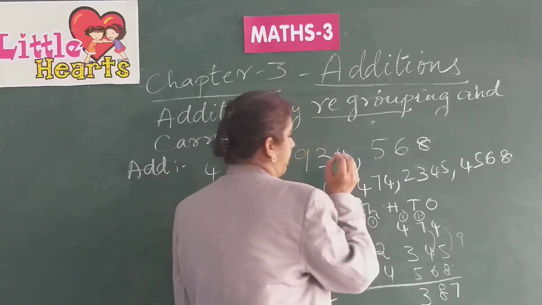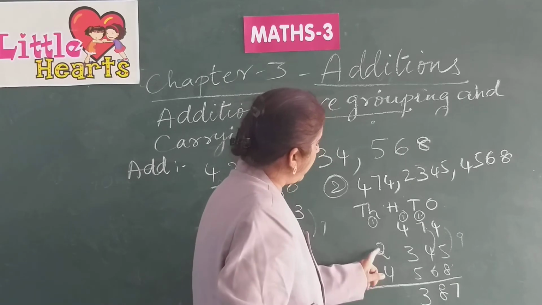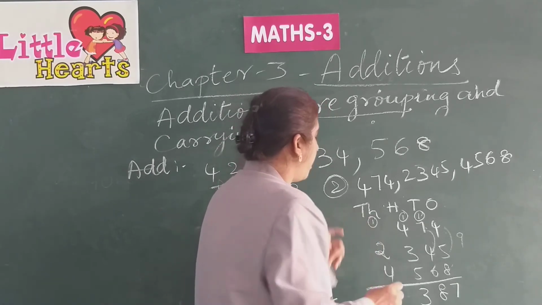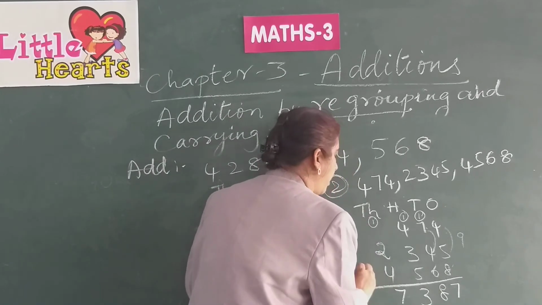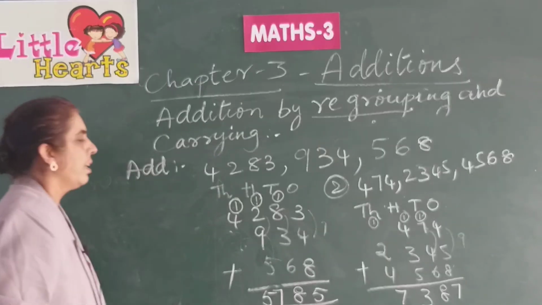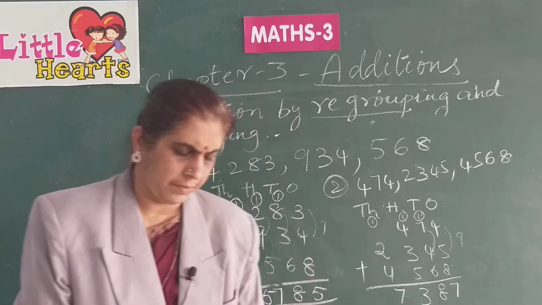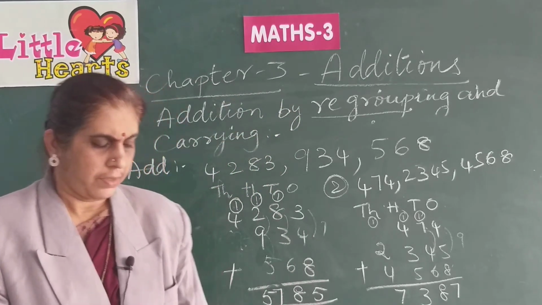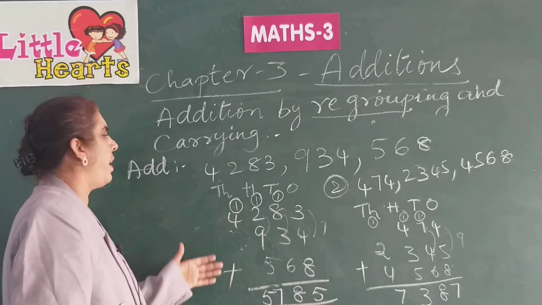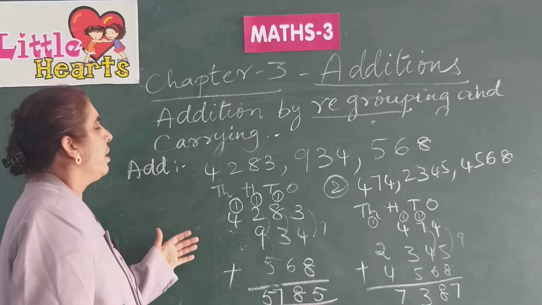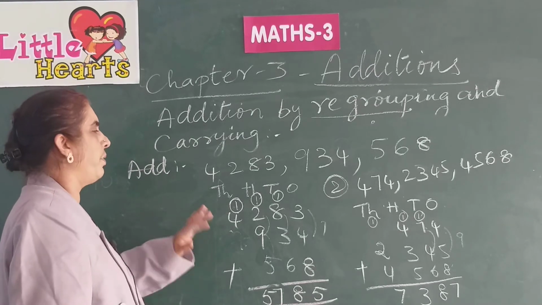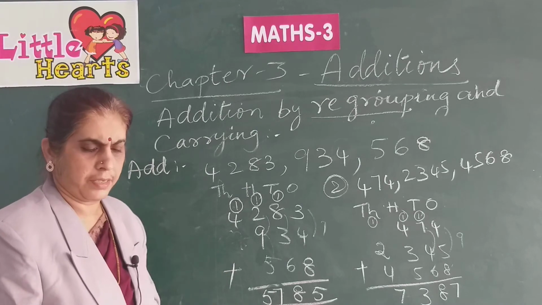Carry 1 over here. 4 plus 2, 6. 6 plus 1, 7. 7,387 is the answer. So, in this way you can add any number of numbers in 4 digits, 3 digits and 2 digits.